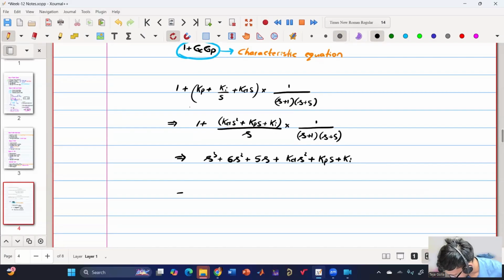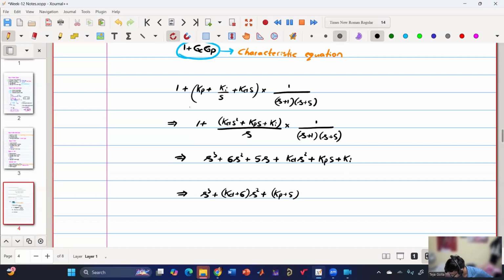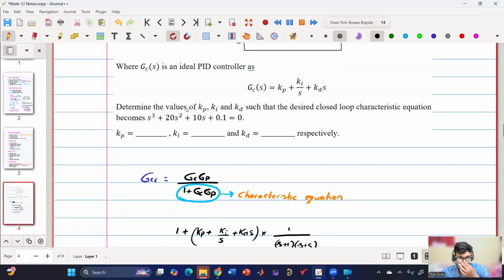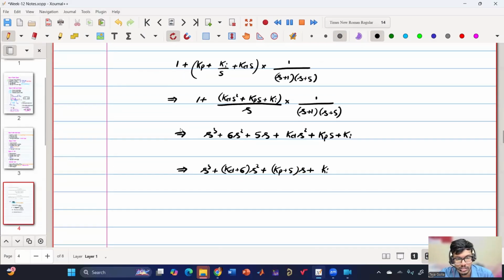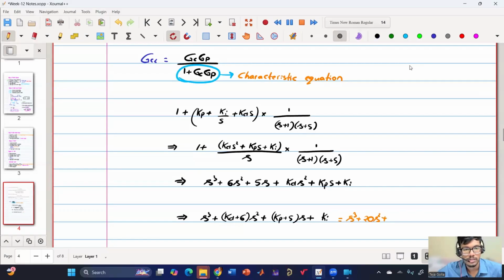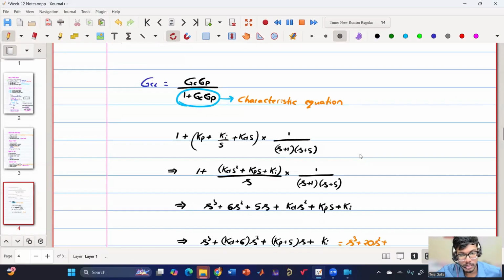So this is my overall characteristic equation: S cube plus (Kd plus 6) into S square plus (Kp plus 5) into S plus Ki, which is now equal to this expression, S cube plus 20 S square plus 10 S plus 0.1.